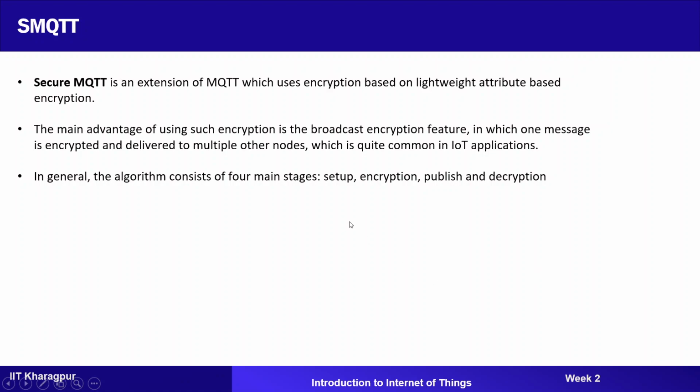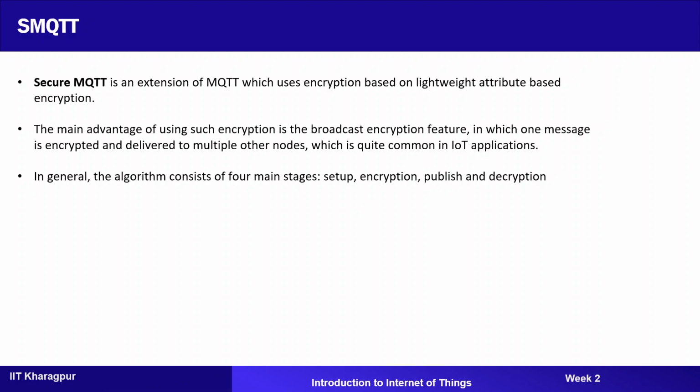In SMQTT, the main steps are the setup phase, after that the encryption phase, then publish, then decryption. The setup phase is to establish the connection between different components of your MQTT, that is your broker, subscriber and publisher.